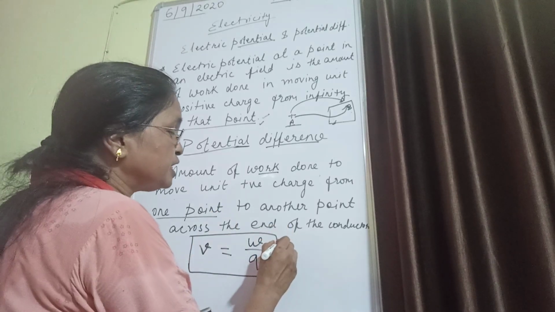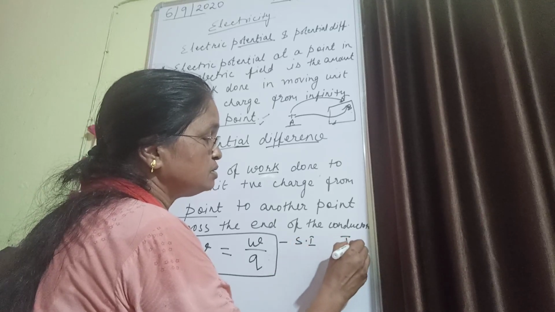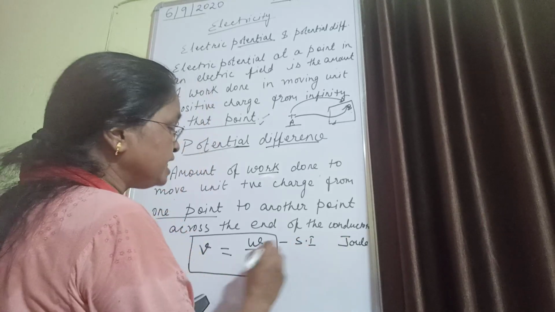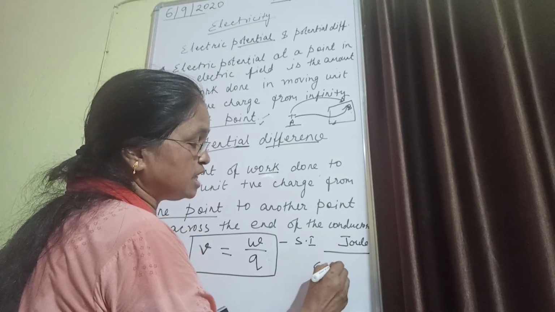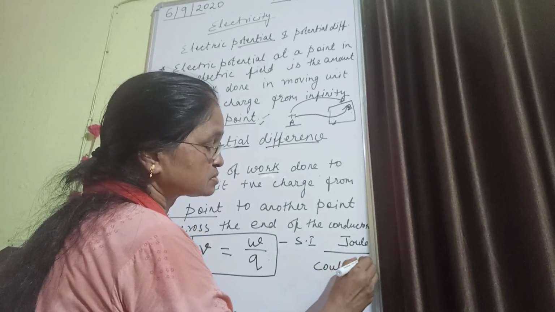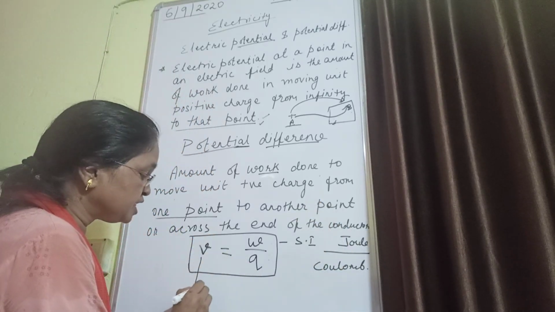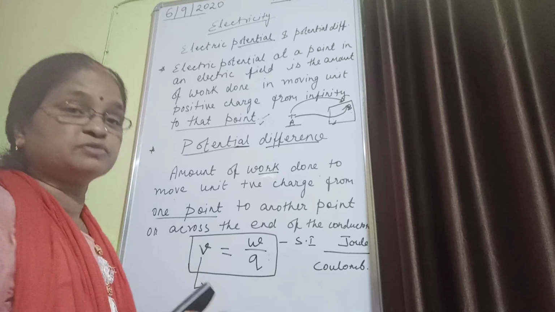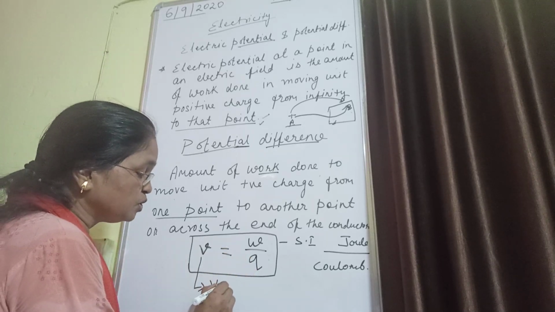The SI unit of W, that is work done, is joule, and the SI unit of Q, that is charge, is coulomb, and the SI unit of potential difference is, named after a scientist, the volt.